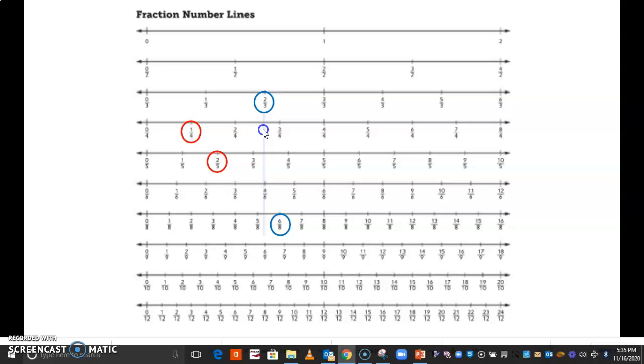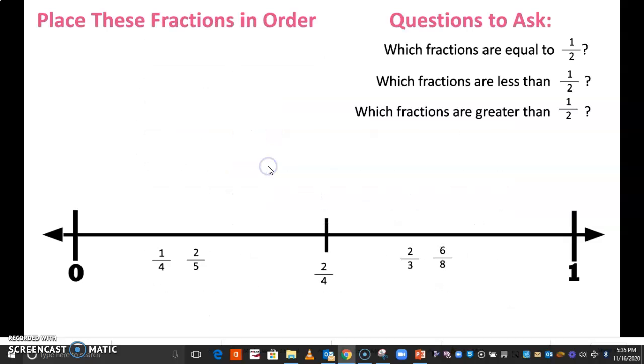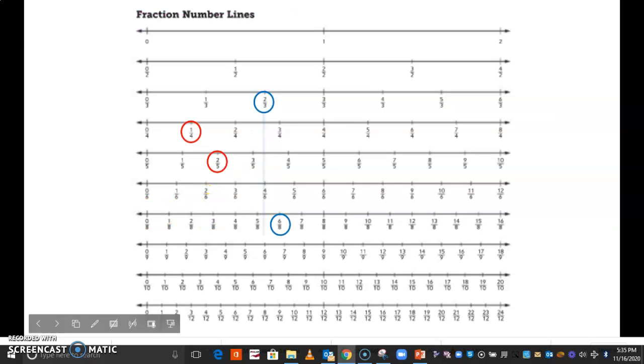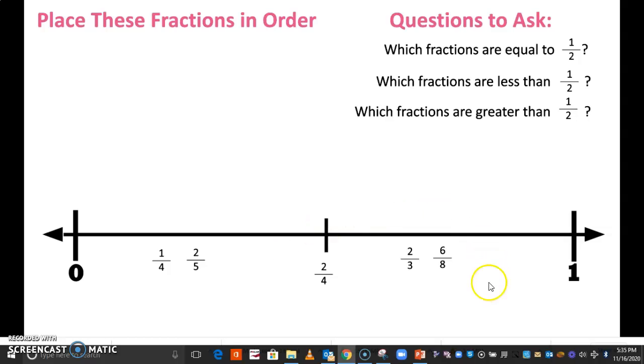But if I draw a line in there, which I barely can see showing up right here, 2/3 is going to come right before my 6/8. Okay, so on my number line, I'm going to put my 2/3 and I'm going to put my 6/8 right after it. Okay, that's how we put these fractions in order.